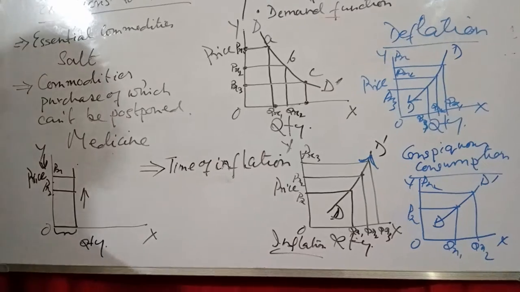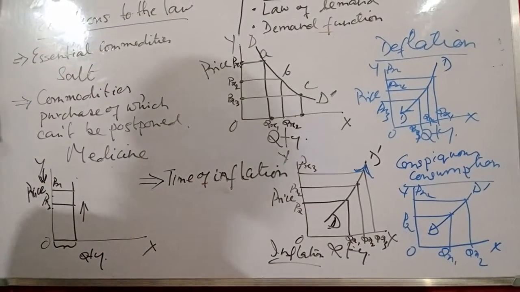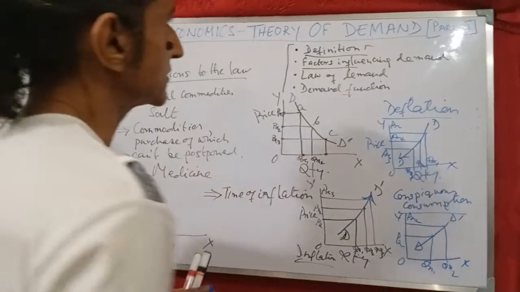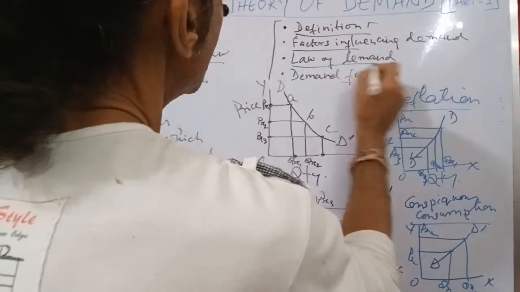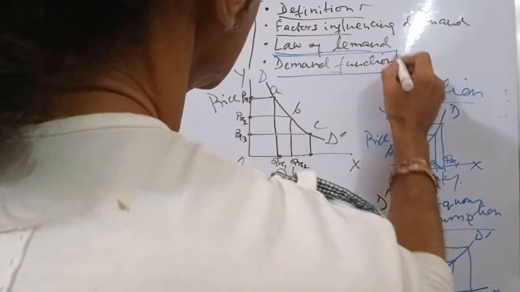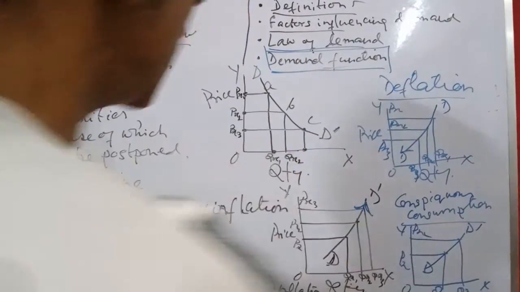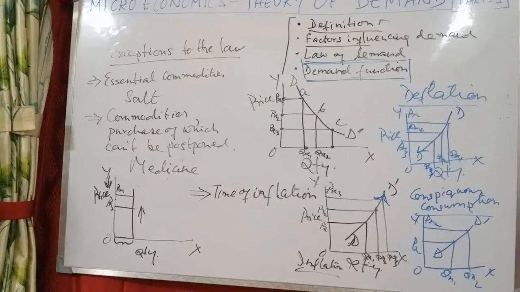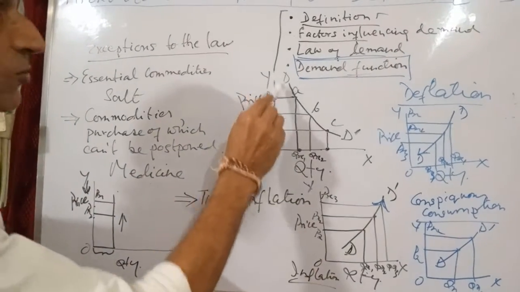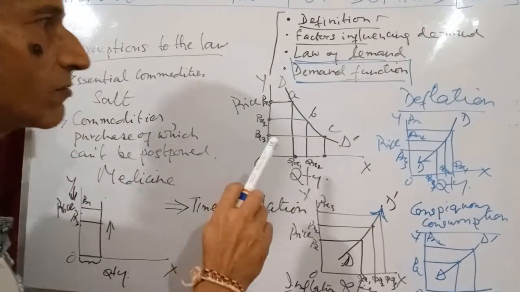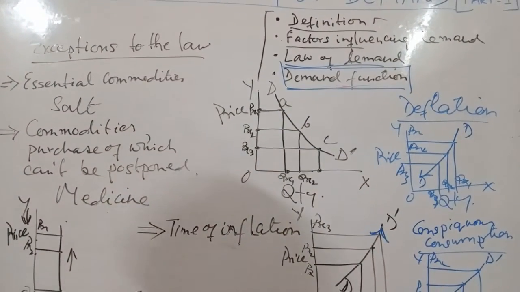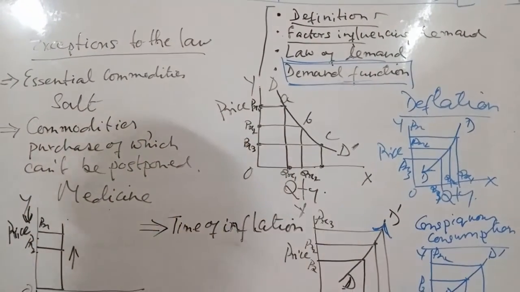Correct? So now I will come to demand function, a very important subheading in the theory of demand. So this is the downward sloping demand curve. Now why downward sloping? I am explaining mathematically here. This is the normal shape of the demand curve.